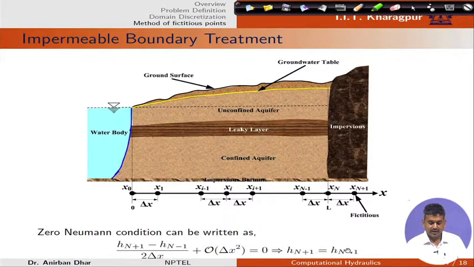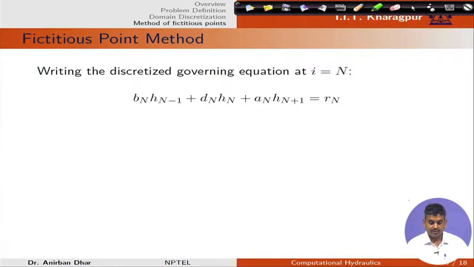Now, we can use this information in our governing equation. So, if we discretize the governing equation at node n, then we can write b n h n minus 1, d n h n, a n h n plus 1 and r n.